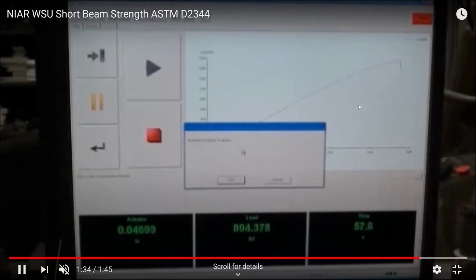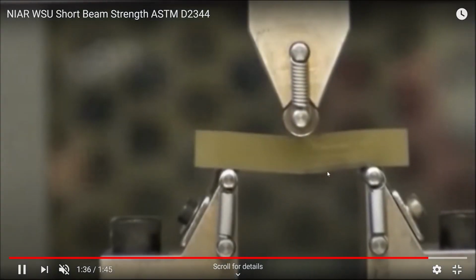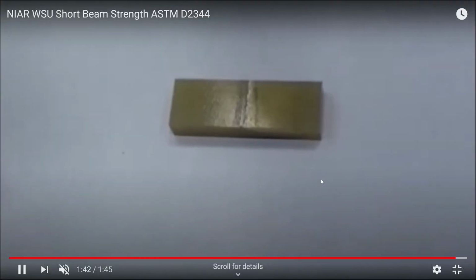So we just had the failure, and that's the point you are really interested in. You can see the failure effects here.